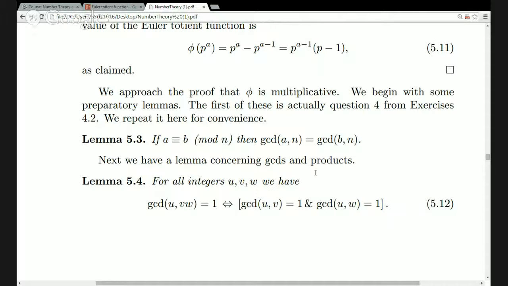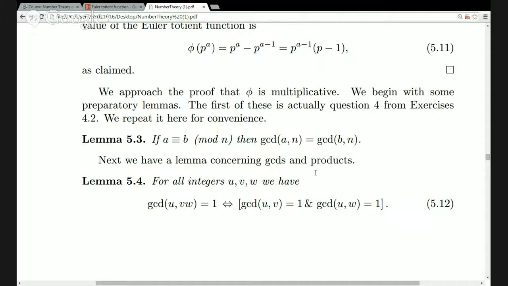And u is co-prime to v times w if and only if none of the pi's equal any qi or ri.